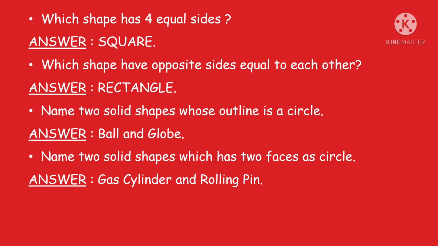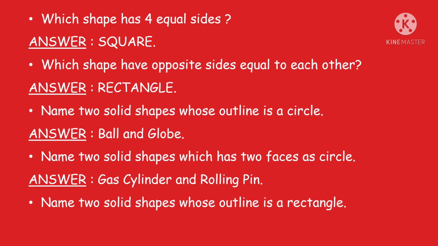The answer will be gas cylinder and rolling pin. Name 2 solid shapes whose outline is a rectangle. The answer will be matchbox and eraser. So students, you note down these questions in your copy.